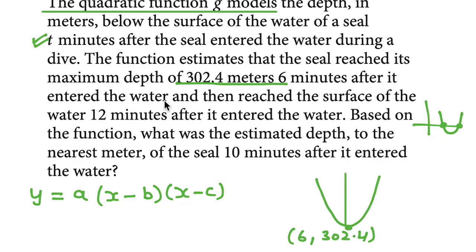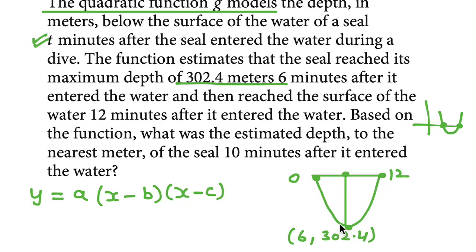After it entered the water and then reached the surface of the water 12 minutes after it entered the water. So this is 0 minute and this is the 12th minute, and this extreme point is always at the middle of these points if this is a symmetric condition. So that means this is at 6 minutes.